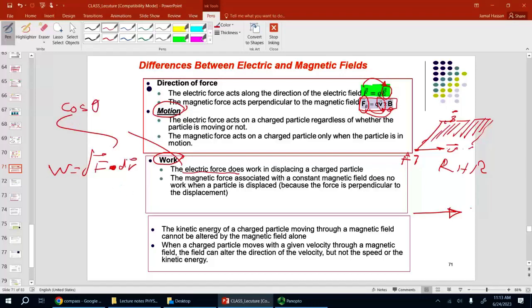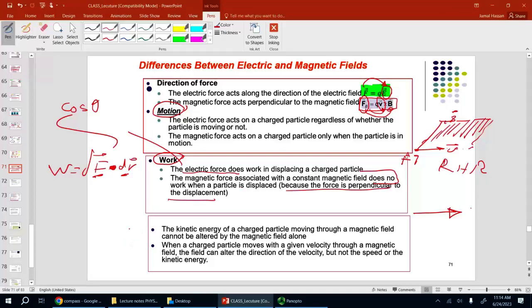In the case of magnetism, the angle between these two is always 90 degrees. Cosine of 90 is equal to 0, so there is no work. It does not do any work because the force is perpendicular to the displacement.